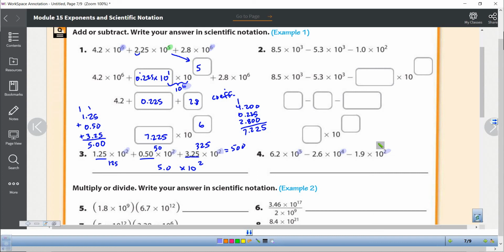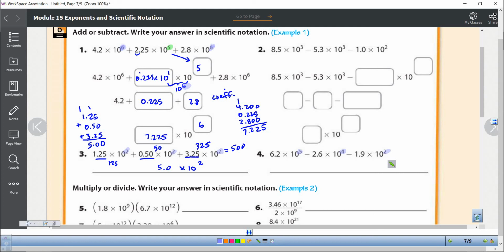In the previous examples we did, 2 of them were the same and 1 was different, so it was pretty obvious that we wanted to make the one that was different the same. But we actually have a choice here, guys. We could make them all 10 to the 5th power, we can make them all 10 to the 4th power, or we can make them all 10 to the 2nd power. It's completely up to you.